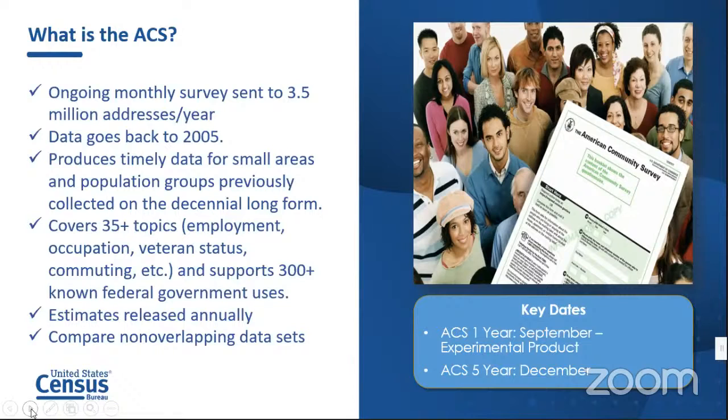But then there was another form with 52 or 53 questions that was sent to a subsample of the nation. Everybody got the short form, and then a portion of the nation got the long form. This is where we were able to extract and produce characteristics of the population of the United States.